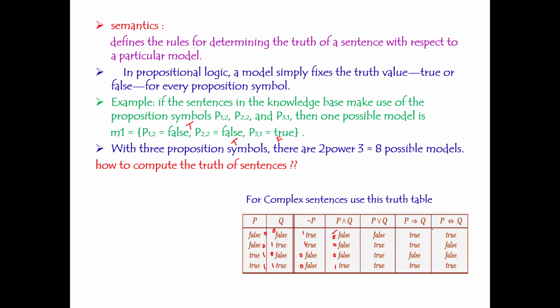P implies Q. Yes, it is true. Again, P is saying false, Q is saying true. Okay, so its truth value is true. Then P is saying true, Q is saying false. Then its truth value is false. P is true, Q is true. So in this case, both are true.